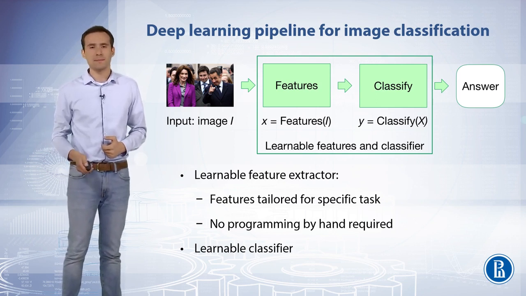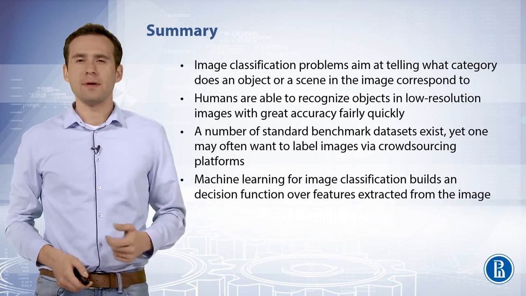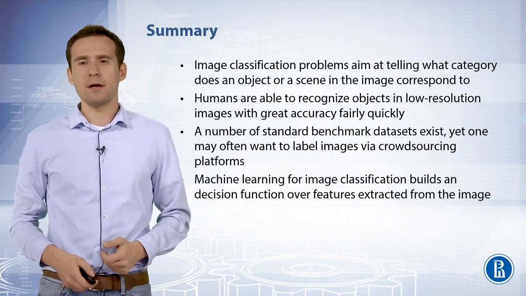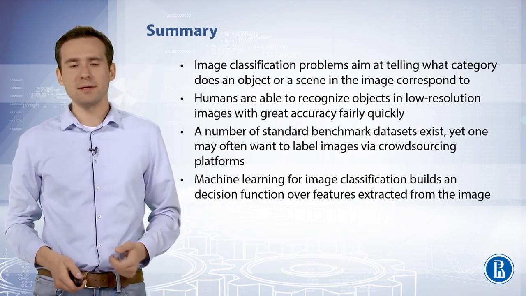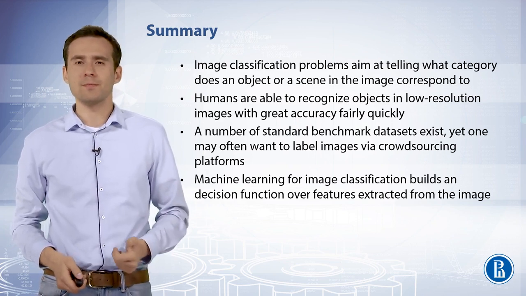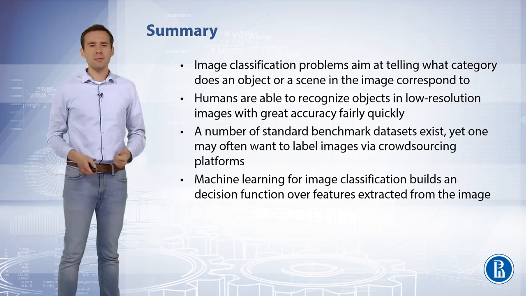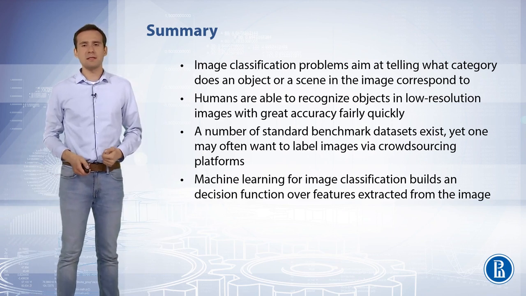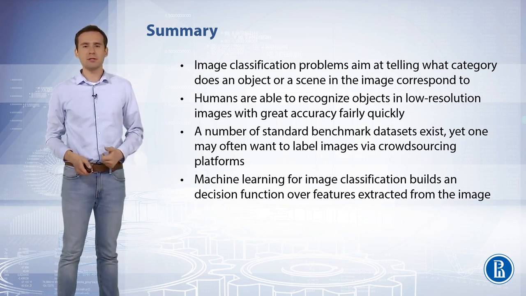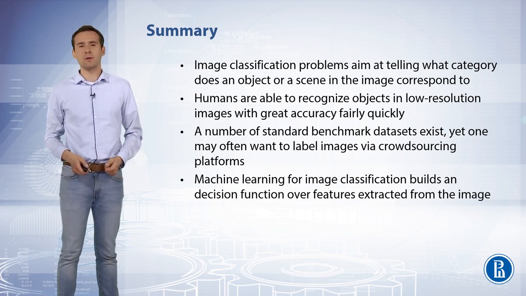To summarize the short video, image classification problems are those that aim at telling what category an image belongs to, or a scene. Humans are able to recognize objects and scenes even in low-resolution images with great accuracy and really quickly.